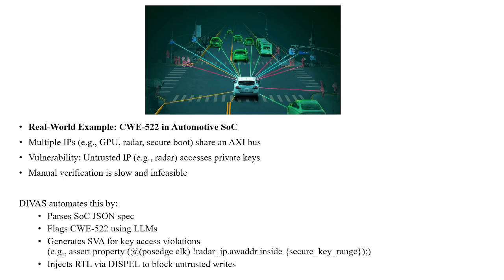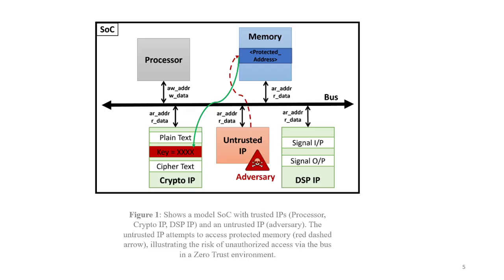If it does, the assertion fails, flagging a security violation during simulation. Now the framework does not stop here at the detection part. It translates the assertion into actual RTL logic using a tool called Dispel. Next we will see a visual representation in this slide.